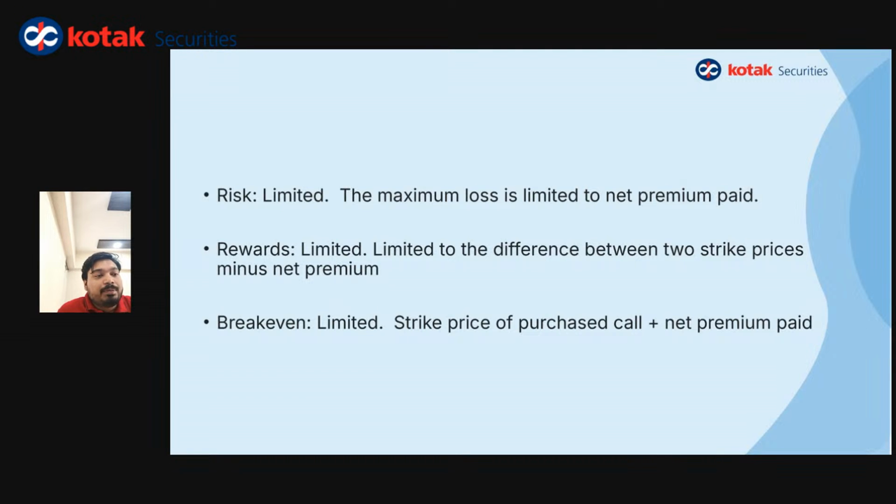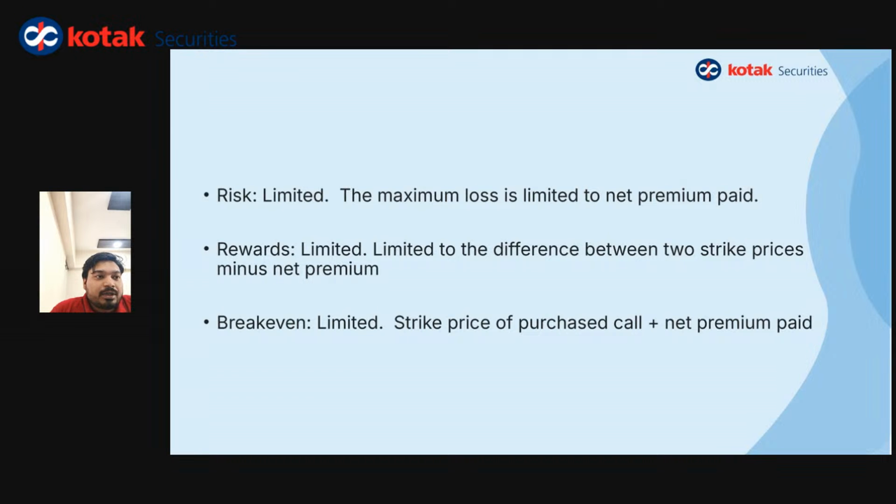You would be buying a call option and selling a call option. So what would be the net? Whenever you sell a call option, you receive a premium. Let's say the call option which you're buying is quoting at around 100 rupees. The call option which you would be selling is quoting at around 30 rupees since it's an out of the money option.